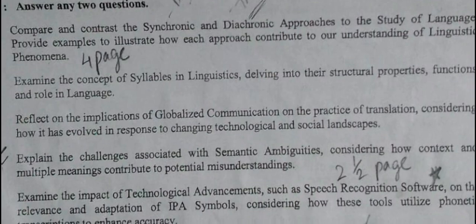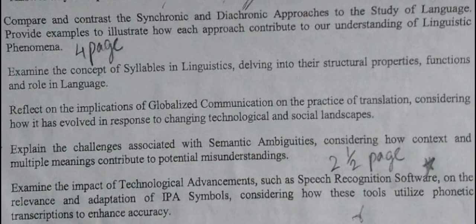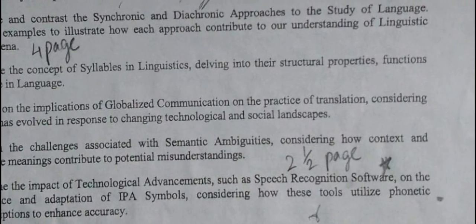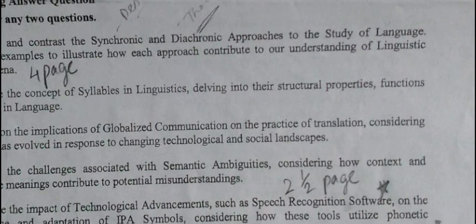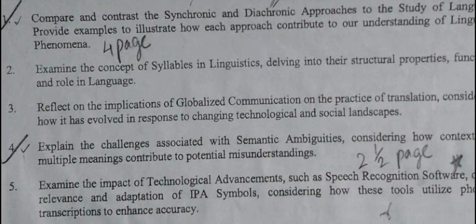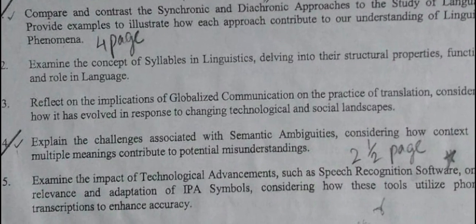So this we are going to discuss in the class. Then provide examples to illustrate how each approach contributes to our understanding of linguistic phenomena. Definitely we should know current language, current words, current ways of speaking English, and we should know the history also, because without knowing history we cannot know the proper language, right?